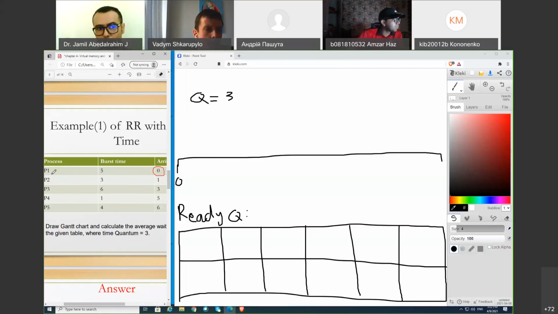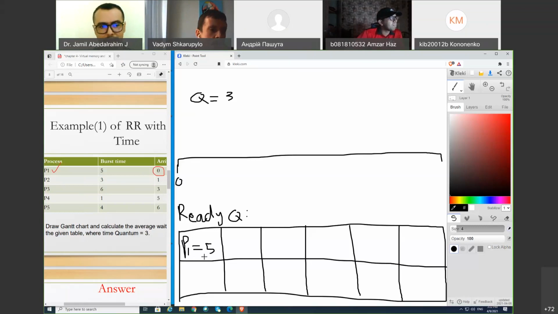We got only one process, which is P1. Since it's ready to enter the memory, we write this process in our ready queue table. The ready queue table will help us to manage the sequence, which process we need to execute first. So P1 has burst time 5.